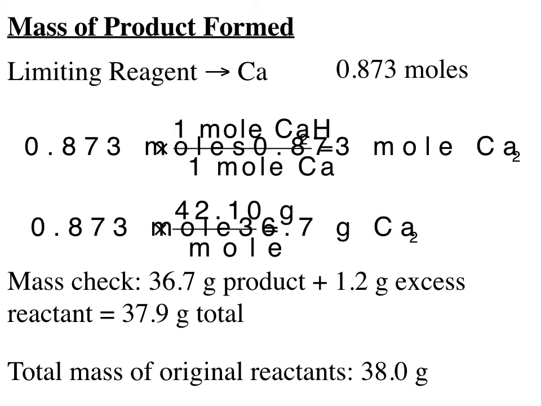Calculate the molar mass of calcium hydride by adding up a Ca and 2 H's, find it to be 42.1 grams per mole, multiply that times the moles of product formed, and voila, just like we said on the previous slide, 36.7 grams of calcium hydride are being formed. So that matches closely to what we just talked about on the previous slide.